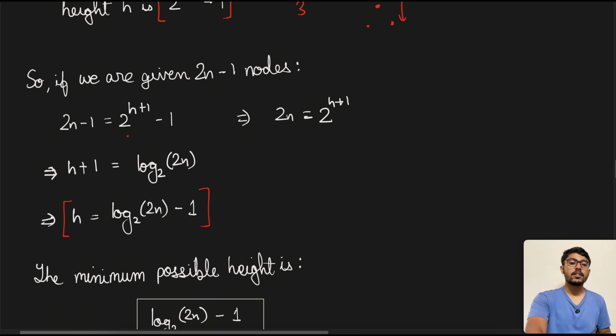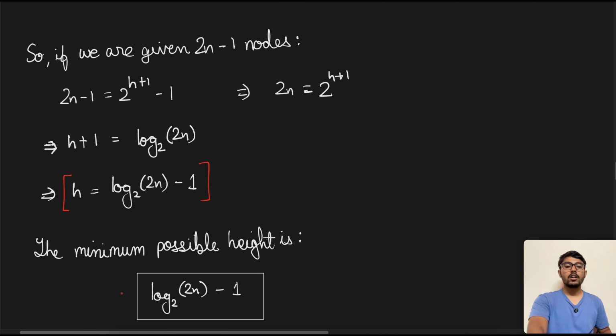Next, the minimum possible height in this regard would be log base 2 of 2n minus 1. Obviously, the maximum height would be 2n minus 1 itself, or 2n if we disregard the 0th level, because all can be put in one branch, and then the maximum height can be reached.